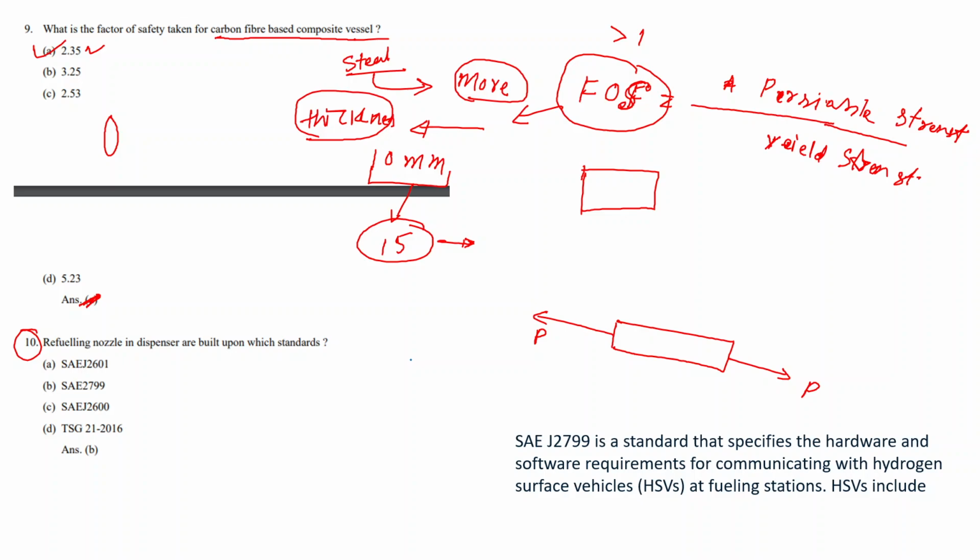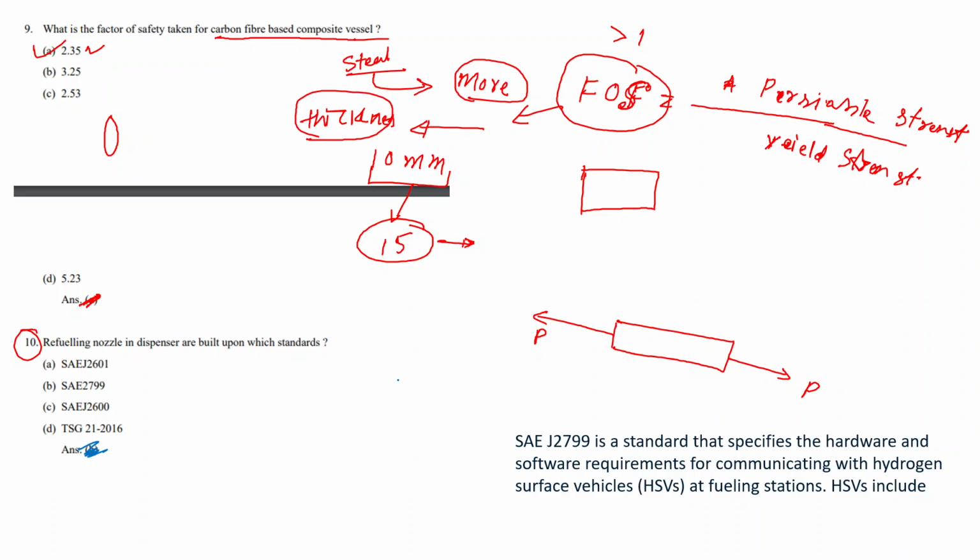We have to remember all standards for cylinder or tank, nozzle, pipe. There are so many standards in there. There are four standards. One is the dispenser standard, one is the dispenser material standard, and another one is the nozzle standard.